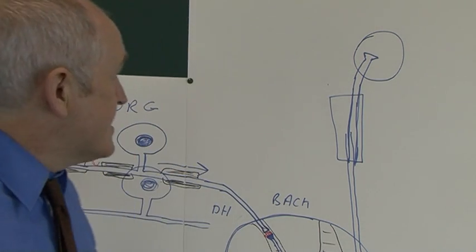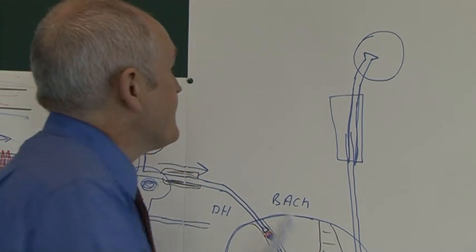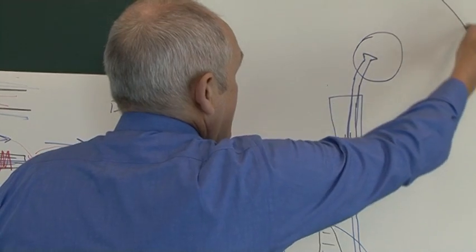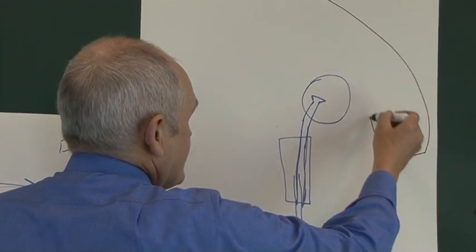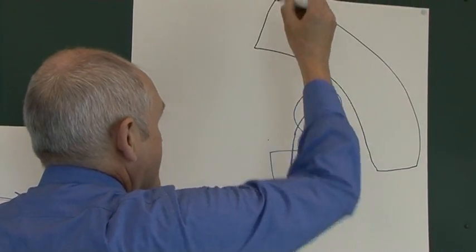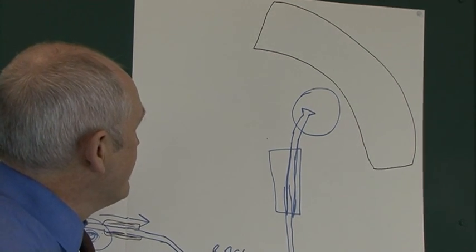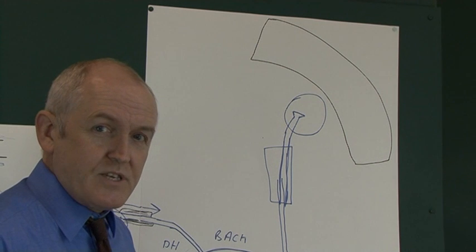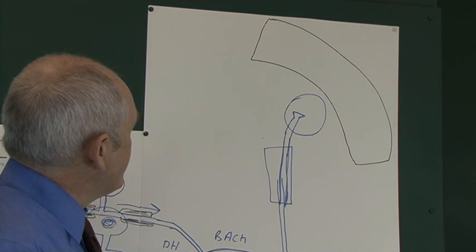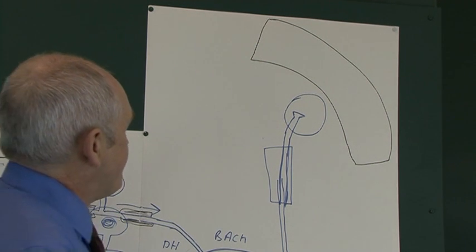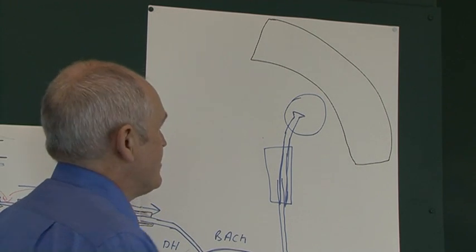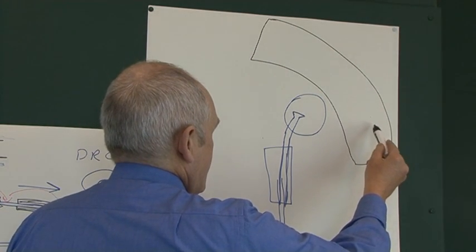Well, the answer is that higher up in the brain here, as you probably know, we have the sensory cortex. The sensory cortex is in the parietal lobe of the brain in an area called the postcentral gyrus, and the body is represented in this postcentral gyrus very roughly in an upside down way.